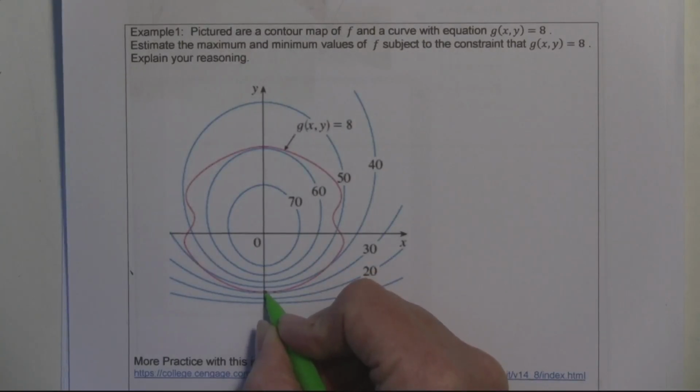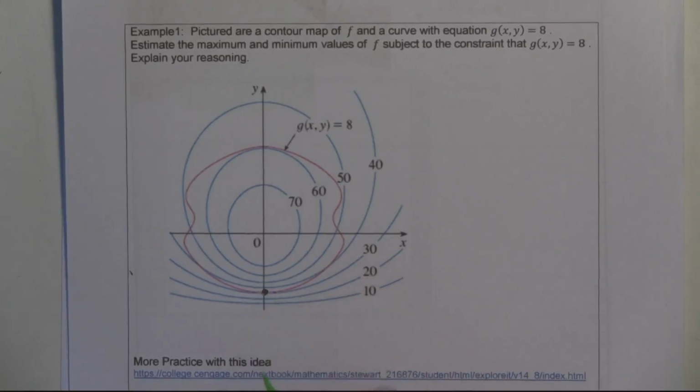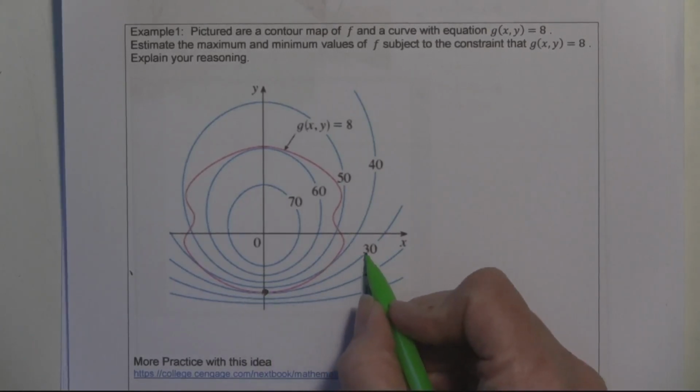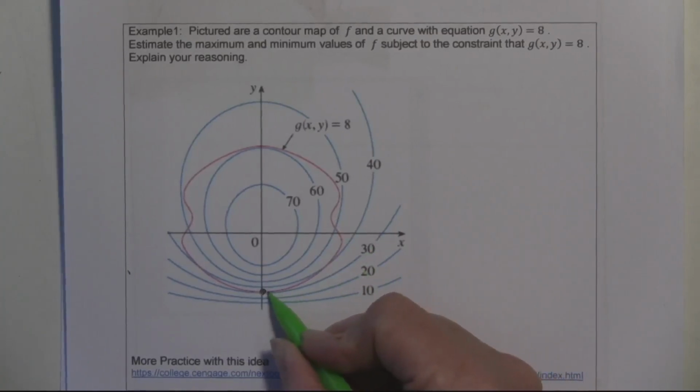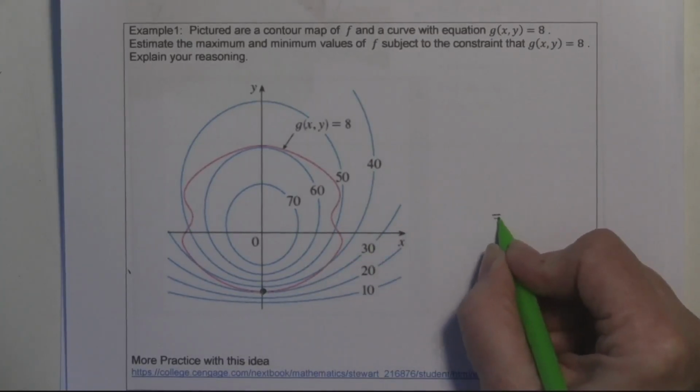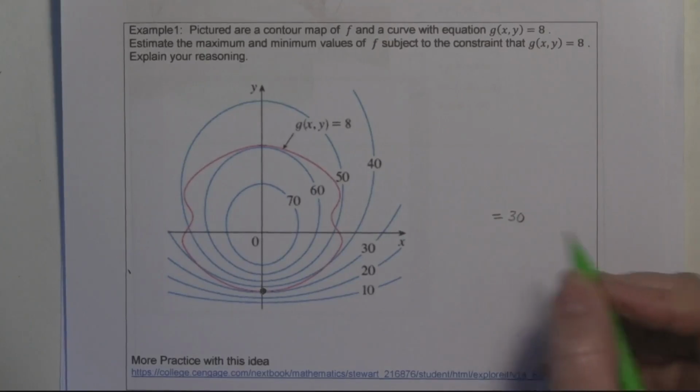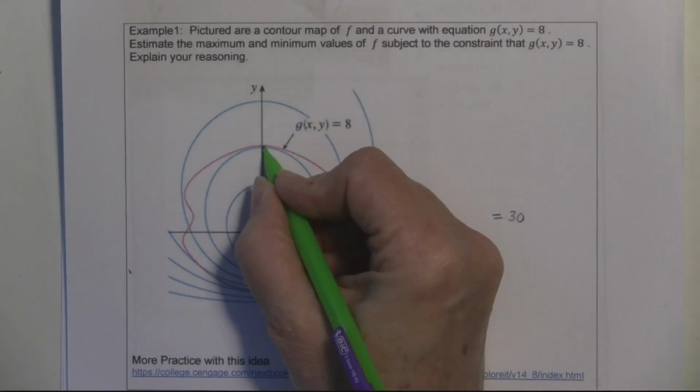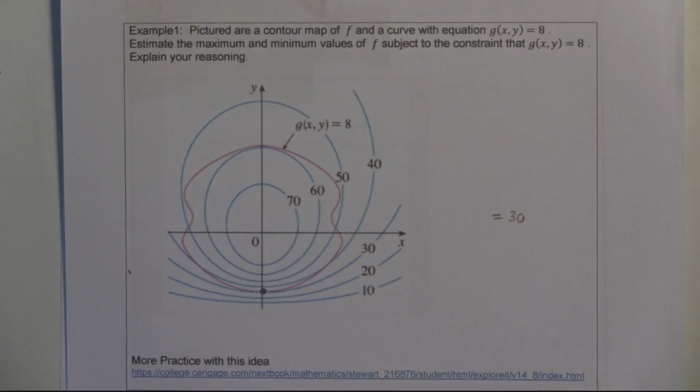And so we have this place where they look pretty well tangent right there. I can notice that on the blue, they're at 30, right? So I have this 30 going. And then here, they're not quite tangent on 60.